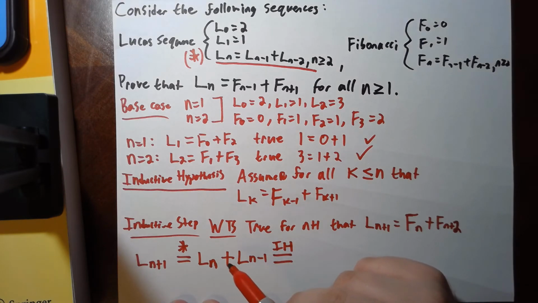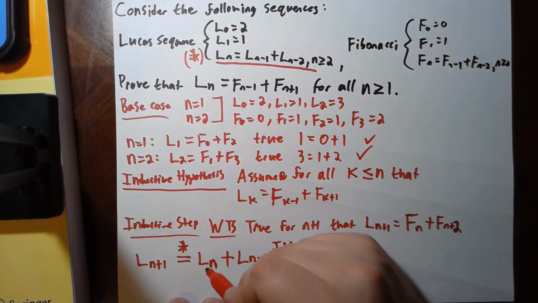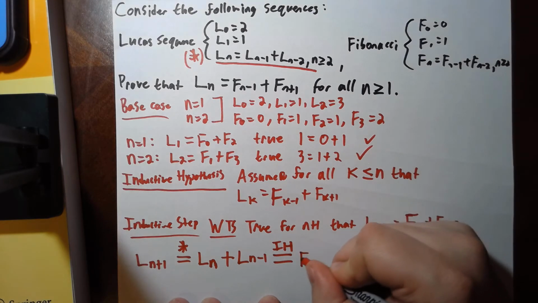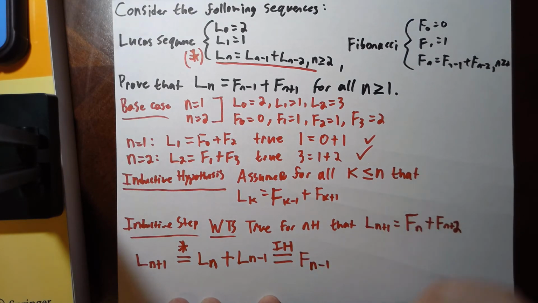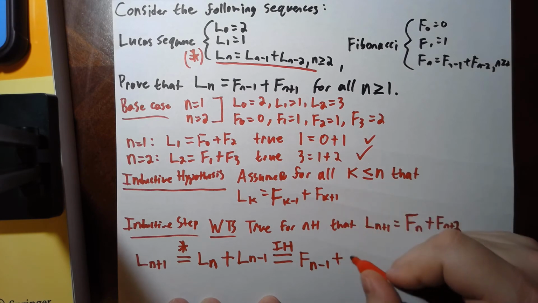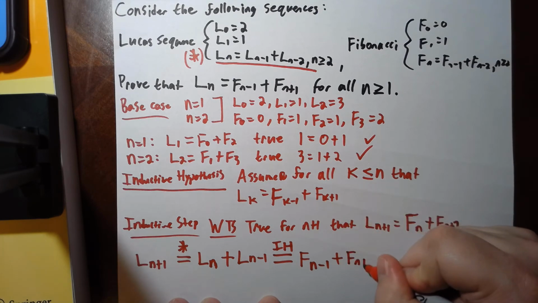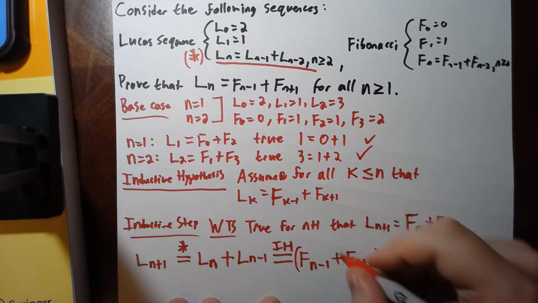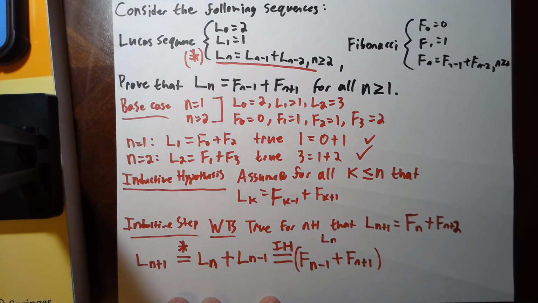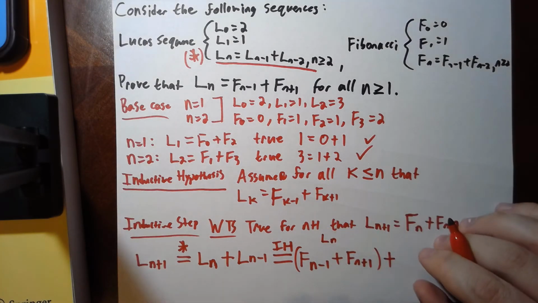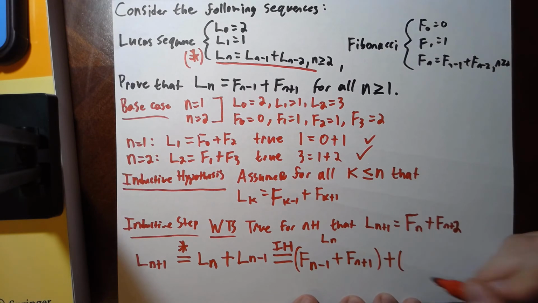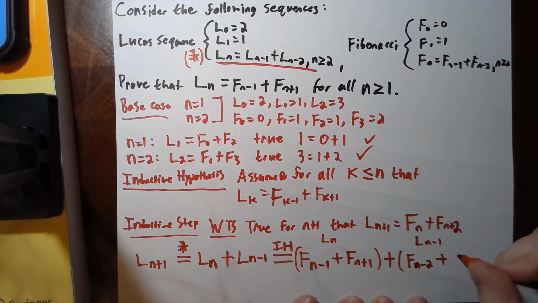So here, L of n is going to be f of n minus 1 plus f of n plus 1, plus we have the L of n minus 1 term. So this is going to be f of n minus 2 plus f of n.